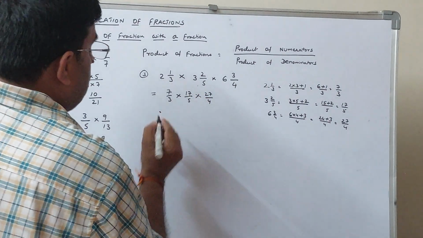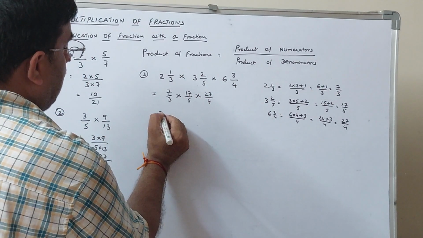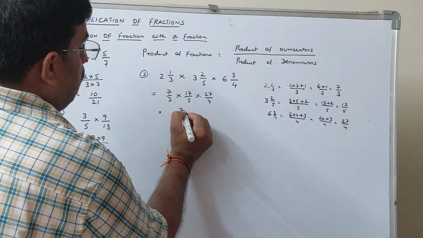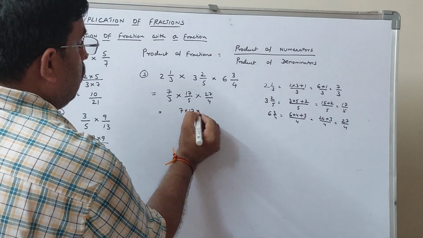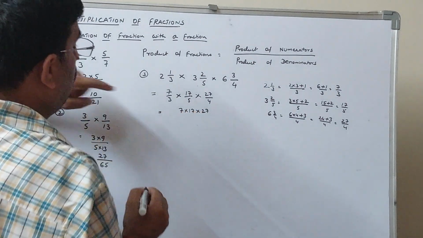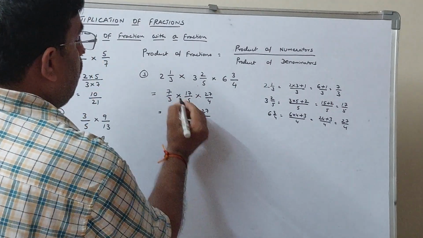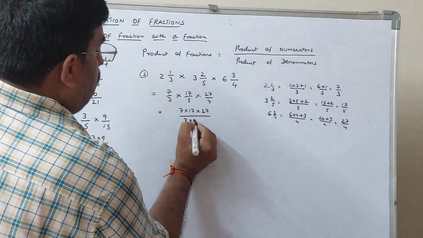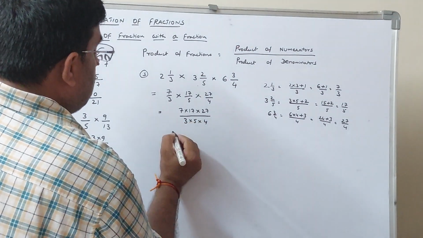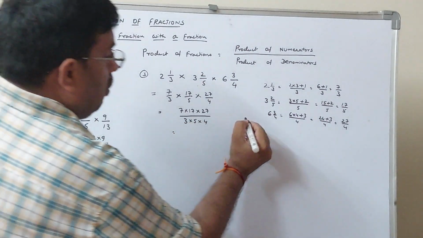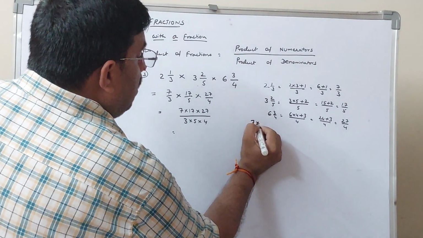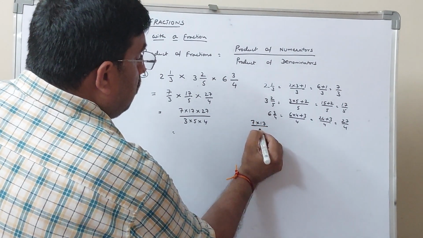Now we simply multiply the numerators, 7 into 17 into 27, because product of fractions is equal to product of numerators by product of denominators, 3 into 5 into 4. First, 7 into 17 how much?